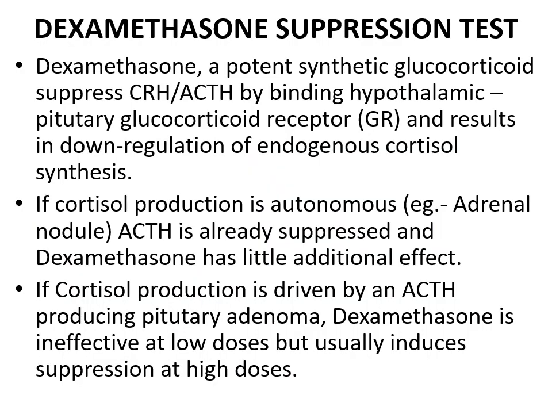So the hypothalamic pituitary adrenal axis is assessed by a diagnostic test, that is the dexamethasone suppression test. Dexamethasone, a potent synthetic glucocorticoid, suppresses corticotropin releasing hormone or ACTH by binding hypothalamic pituitary glucocorticoid receptor and results in downregulation of endogenous cortisol synthesis.